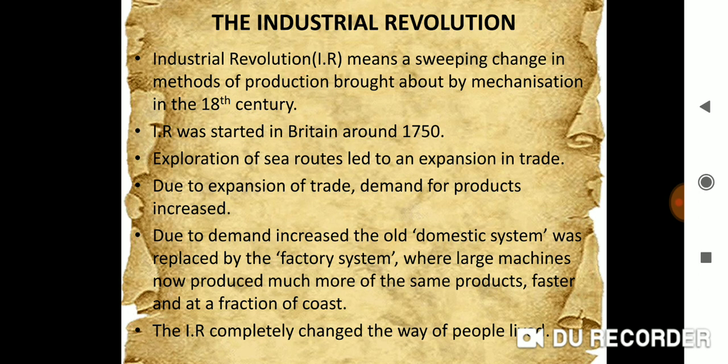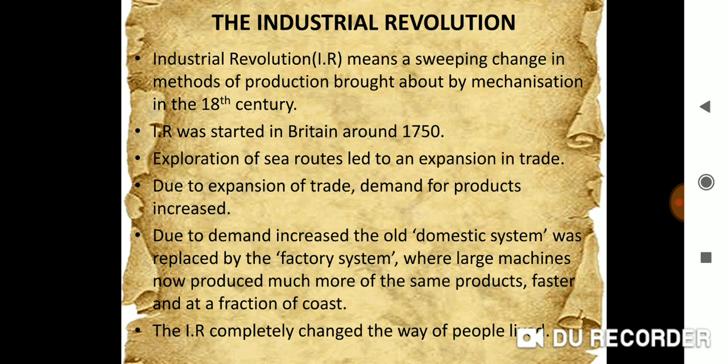So for business, or for export of these 10 crore goods, you have to expand your market. For this reason, you have to search for new markets, and you have to find the sea routes. So all are interrelated. When Industrial Revolution happened, at that time expansion of trade happened.